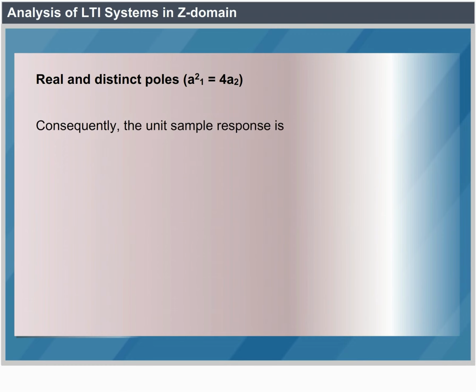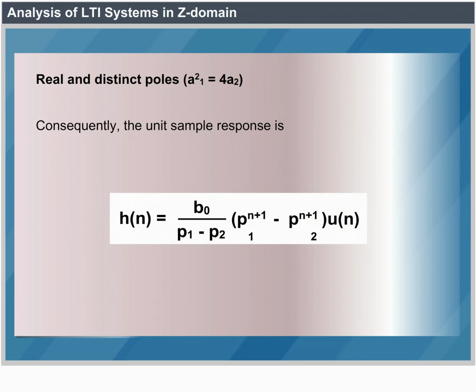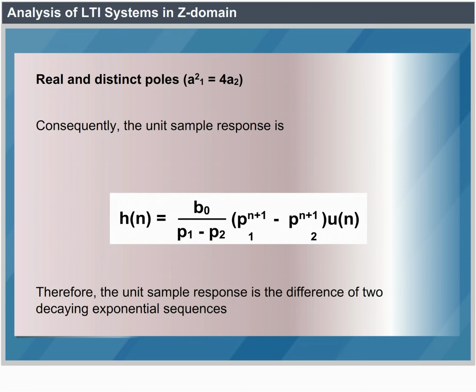Consequently, the unit sample response is h of n equal to b0 divided by p1 minus p2 into p1 power n plus 1 minus p2 power n plus 1 into u of n. Therefore, the unit sample response is the difference of two decaying exponential sequences.